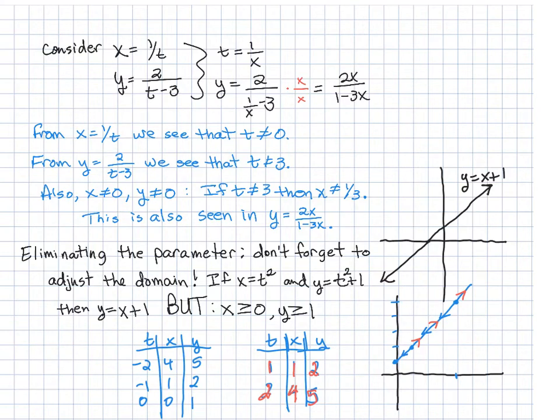And if you look at just this with no restrictions, you have this line, minus infinity to plus infinity. But if you graph it parametrically, and you start at minus infinity and you go to 0, you see you're starting at positive infinity and coming toward the axis this way.